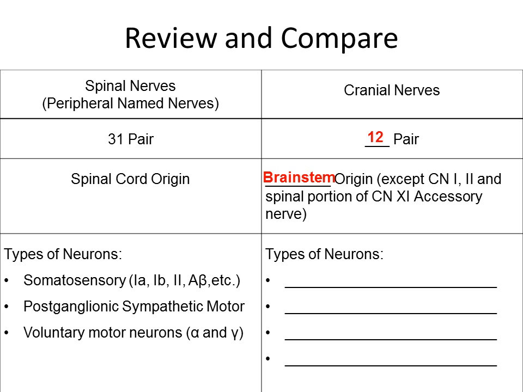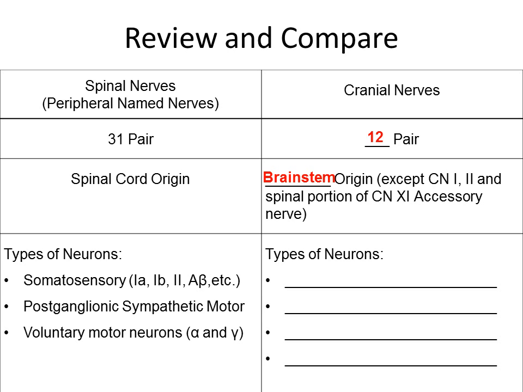Now let's look at the types of neurons. And here I want to focus on the peripheral nervous system from the spinal cord, those named peripheral nerves that are branches of the brachial plexus and lumbosacral plexus and the dorsal and ventral rami. I'm not going to focus on the spinal nerve portion prior to the dorsal and ventral rami because that's going to be slightly different.